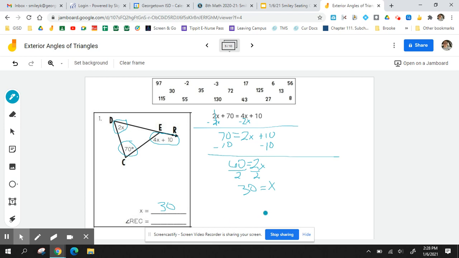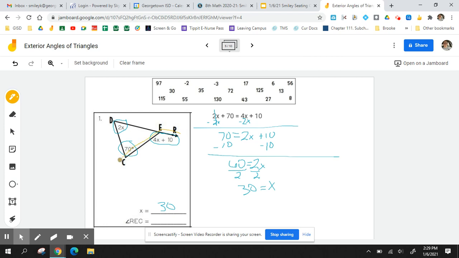Okay, they didn't give you much space to work. I made myself a little bit more space over here. So, and now it wants to know, well, what is the actual angle measure of REC? REC, let me change color. Ooh, let's highlight it. Not in red though. Nope, still in red. I don't know what I'm doing, guys. Okay, REC.